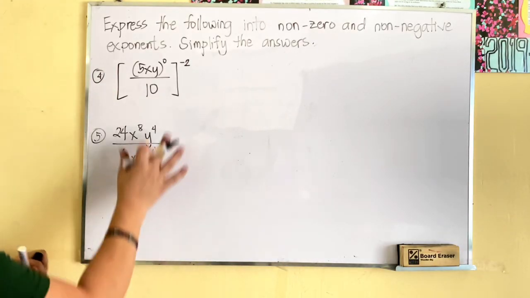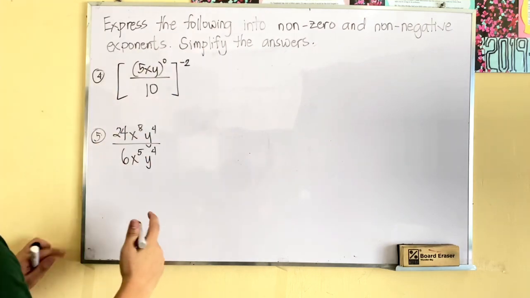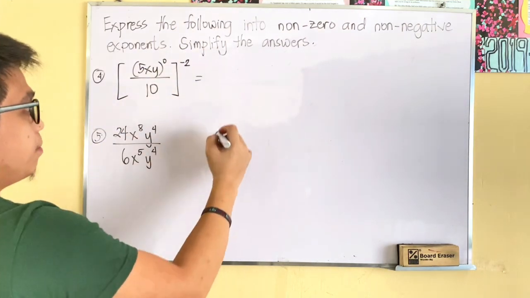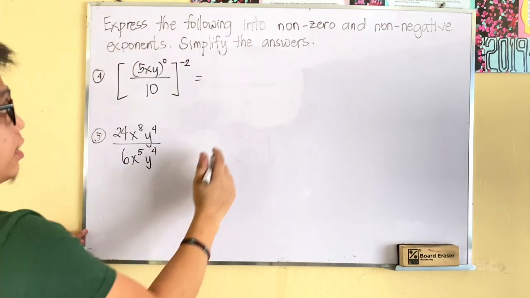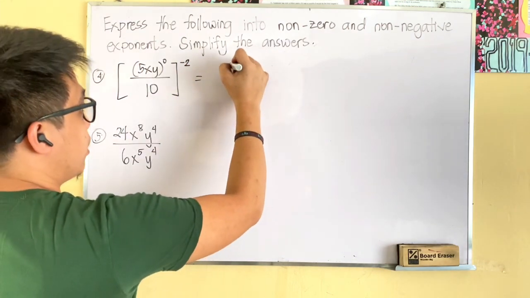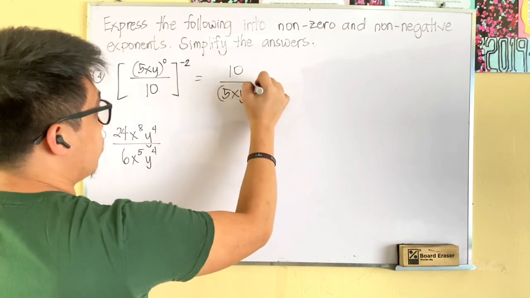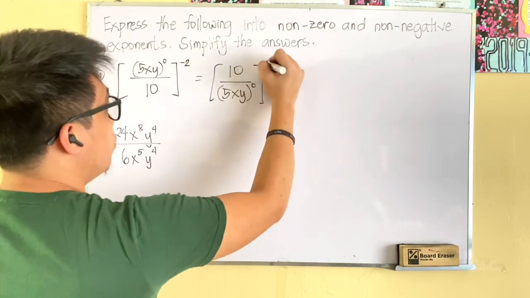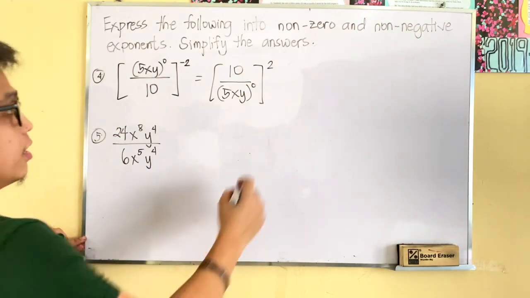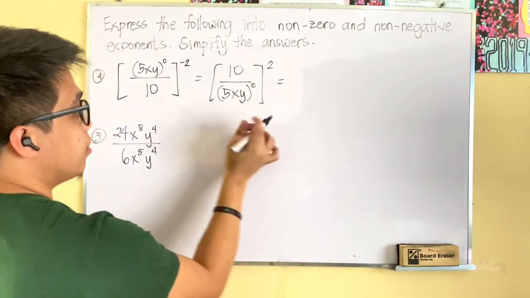So, kung makikita nyo rito sa given expression, negative na naman yung ating exponent. So, para maging positive, pagbaliktarin natin agad ang nasa loob ng parenthesis. So, magiging 10 over 5xy raised to 0, so raised to positive 2 na siya. Next one, simplify naman natin to nasa loob.